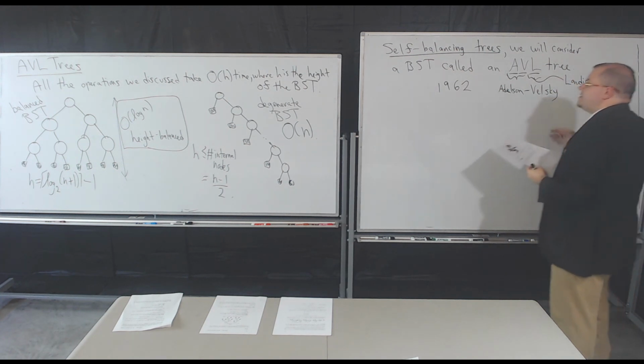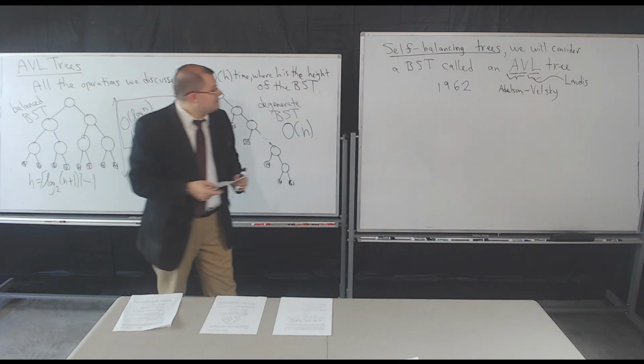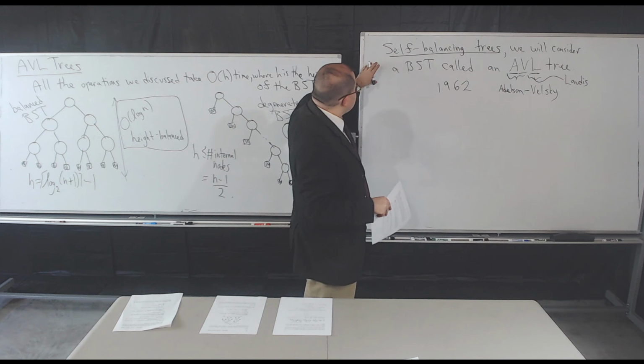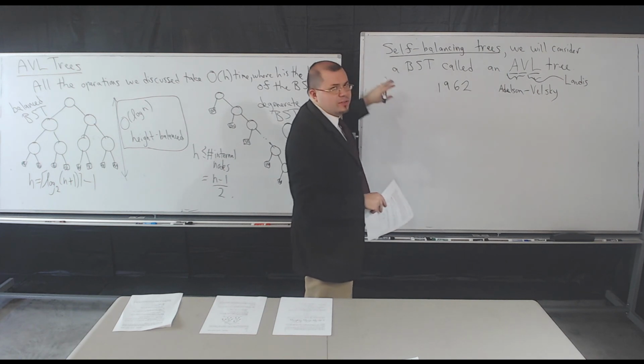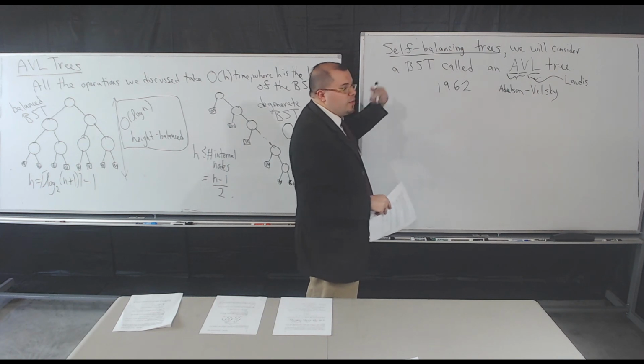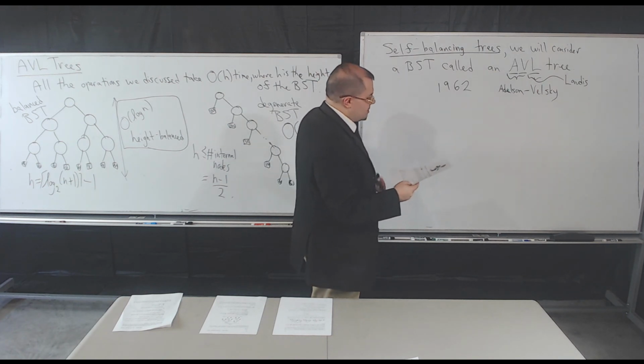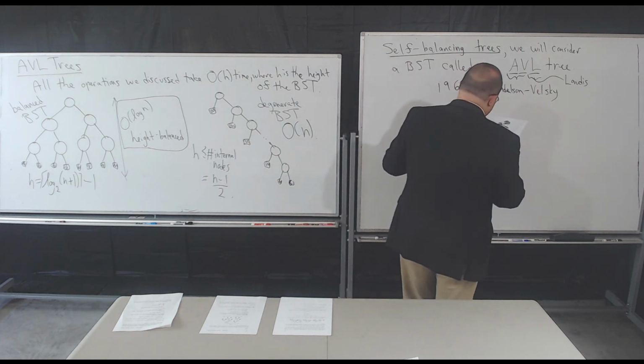This is one of the first proposed self-balancing trees, if not the first. There are more self-balancing trees out there than just this one, such as red-black trees, which have a very similar set of operations. I'm going to be showing you the AVL tree for the next couple lectures at least.